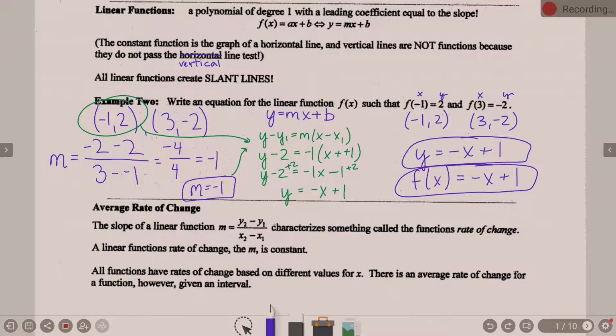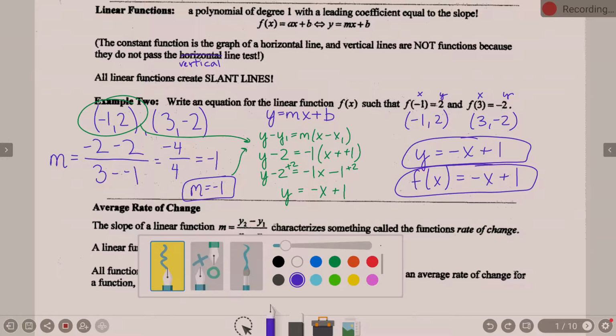Okay. Down at the bottom here, and where you have some examples on the next page. Average rate of change is a phrase you often hear in math. And you'll notice here it says the slope of a linear function. So you're familiar with the word slope, right? We just talked about the word slope.